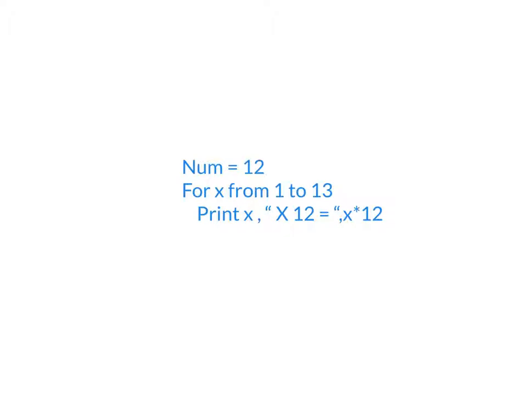For x from 1 to 13, that's a loop, a for loop, going from 1 to 12. It stops when it's to 13. And then it says print x, well, the for loop x, that'll be 1, 2, 3, 4, 5, 6, 7, 8, 9, 10, 11, 12 each time it goes round. And when it says times 12 equals x multiplied by 12. There we are, nice and simple. And that should give you the answer.